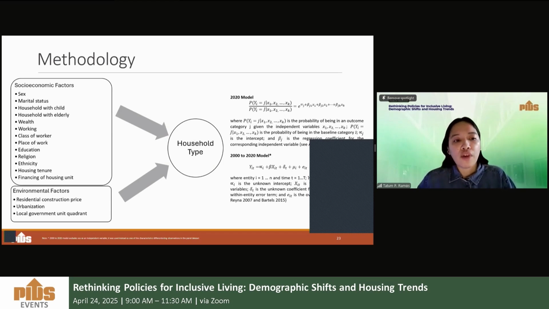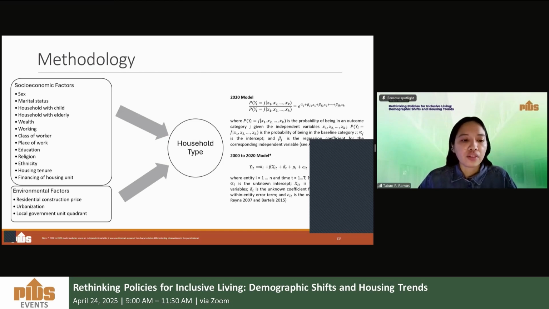The socioeconomic factors include an individual's sex, marital status, whether the individual is living in a household with a child, an elderly, the individual's wealth estimate, the working status of the individual, class of work, place of work, education, religion, ethnicity, housing tenure, and also financing of the housing unit.